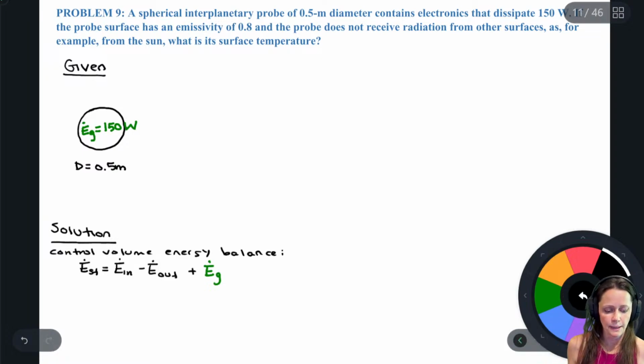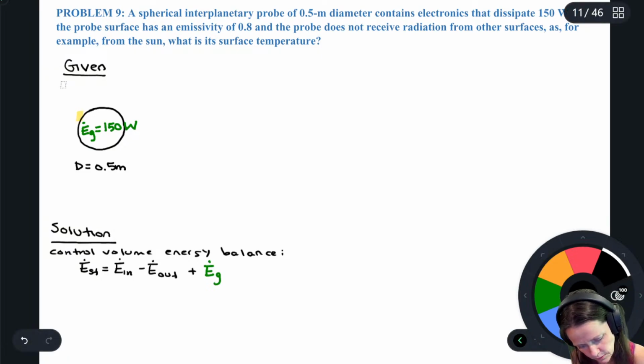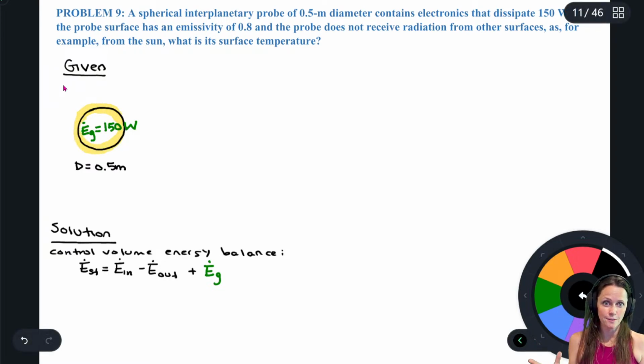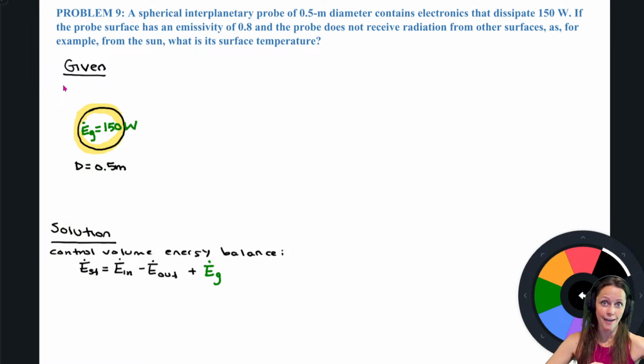If our control volume is our sphere here, the electronics are inside and they're generating heat. So that is a volumetric heat generation term. So that's why I'm using that E dot G.